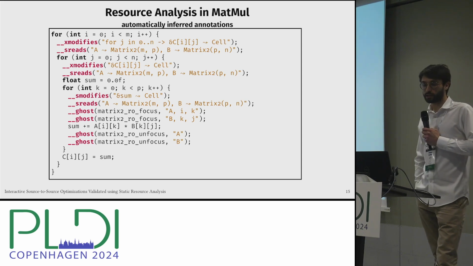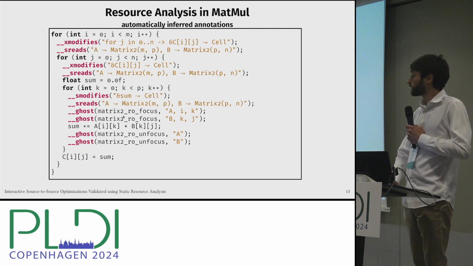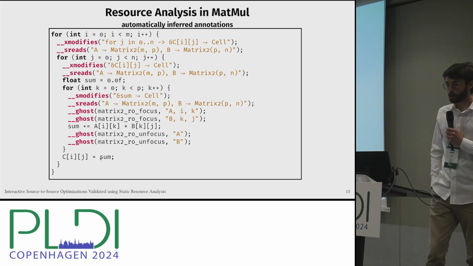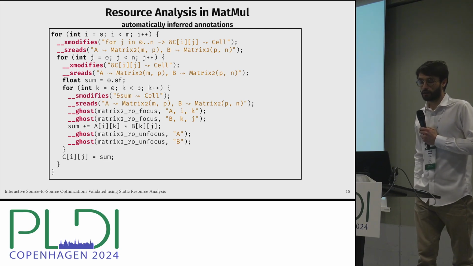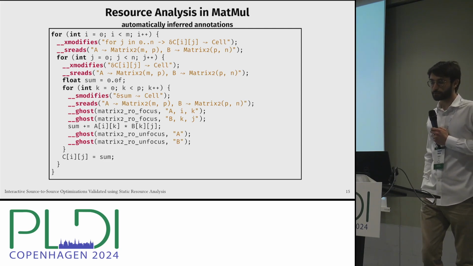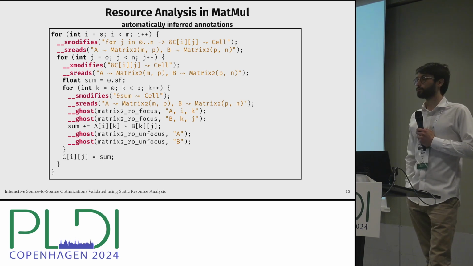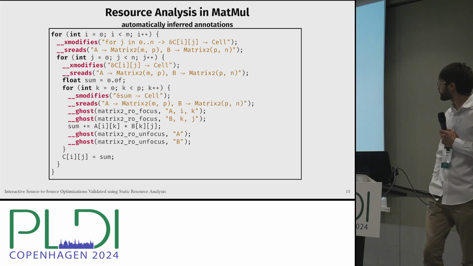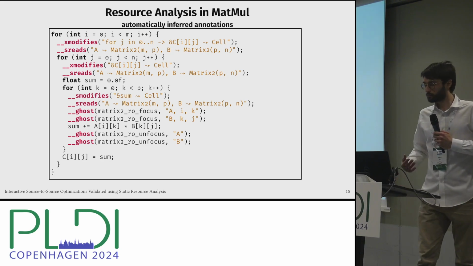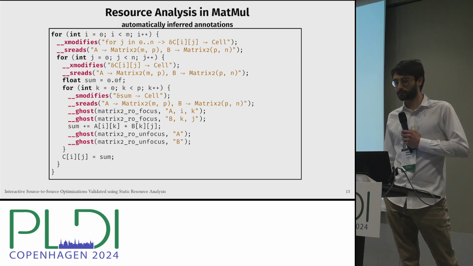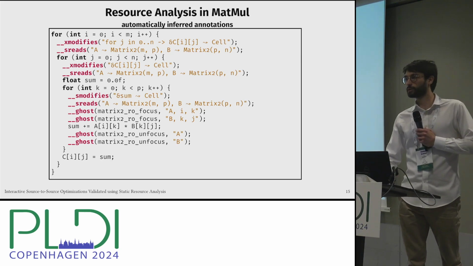And we also insert what we call ghost operations. So you can see, for example, the matrix focus ghost operations. These operations are just here to explain to our resource analysis how to change view on resources. Sometimes there are reasoning steps that are difficult to automate, and these ghost operations are here to explicitly tell us you need to apply this reasoning step.